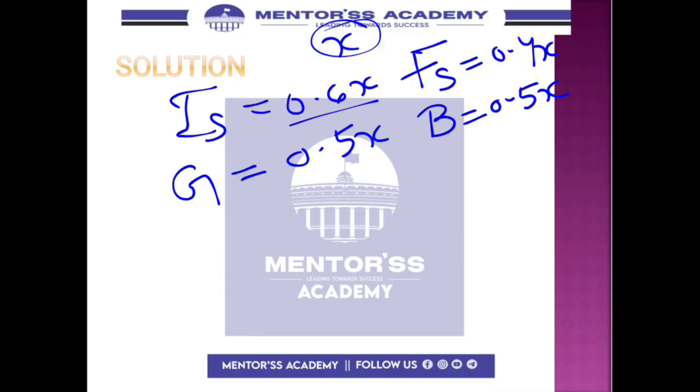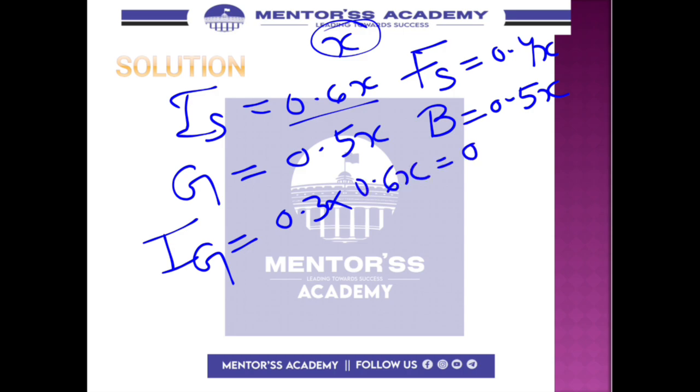It is given that out of Indian students, 30% are girls. That implies Indian girl students equal 30% of Indian students, that is 0.3 into 0.6X, that is 0.18X. So these are the Indian girl students.